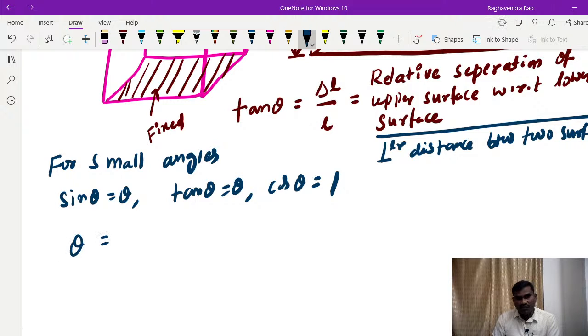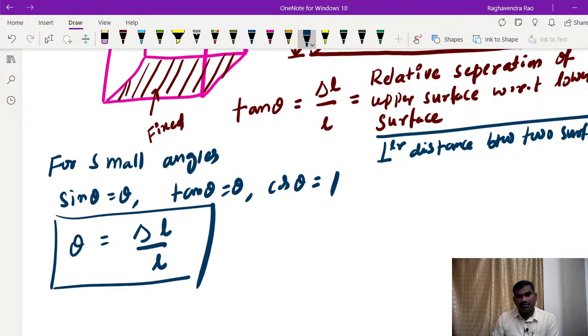So theta is equal to delta L by L. This is called shear strain. So shear strain theta is equal to delta L by L.